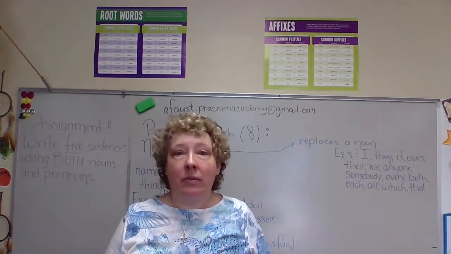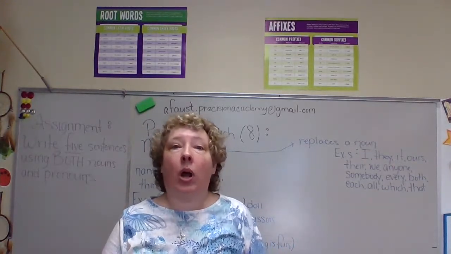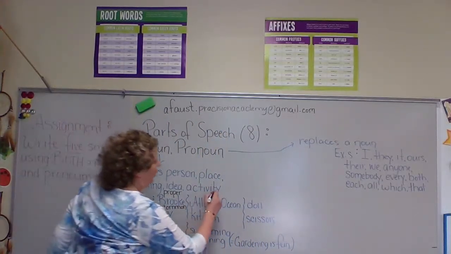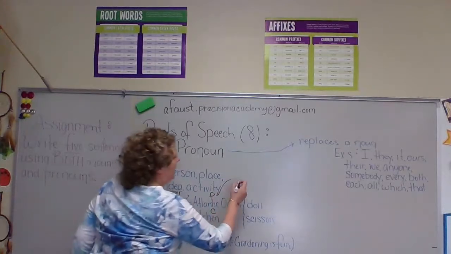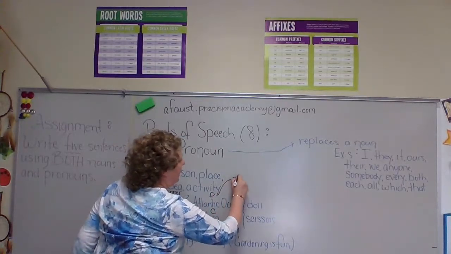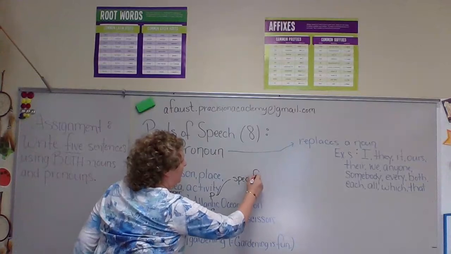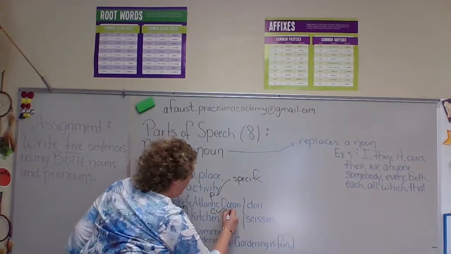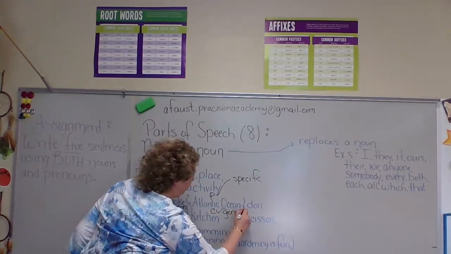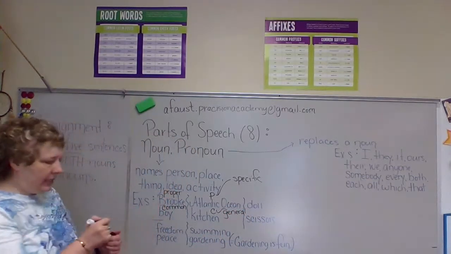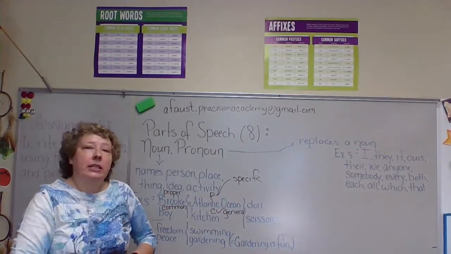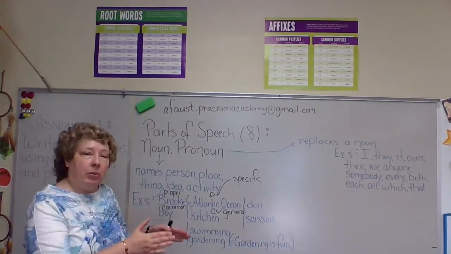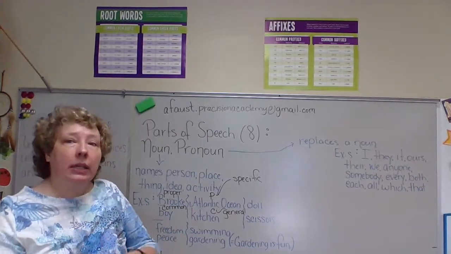Very common. Okay, very general. So keep that in mind. When we talk proper, I'll put it over here next to the P. We are specific. When you're talking about C, you're talking about general. So person and place can fall into two categories. Specific being proper, general being common.